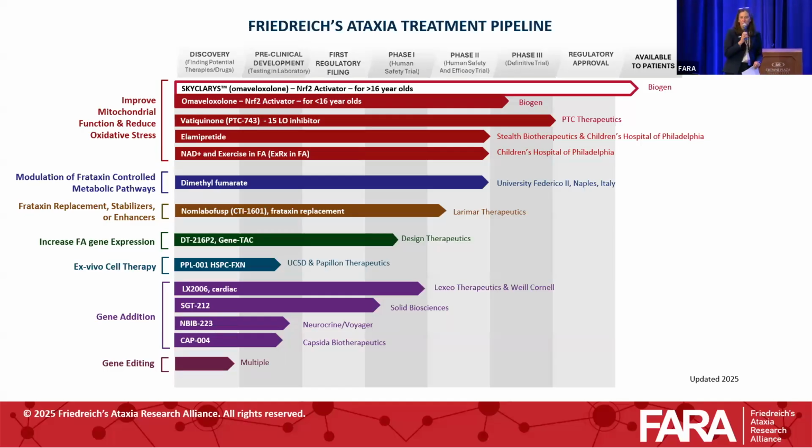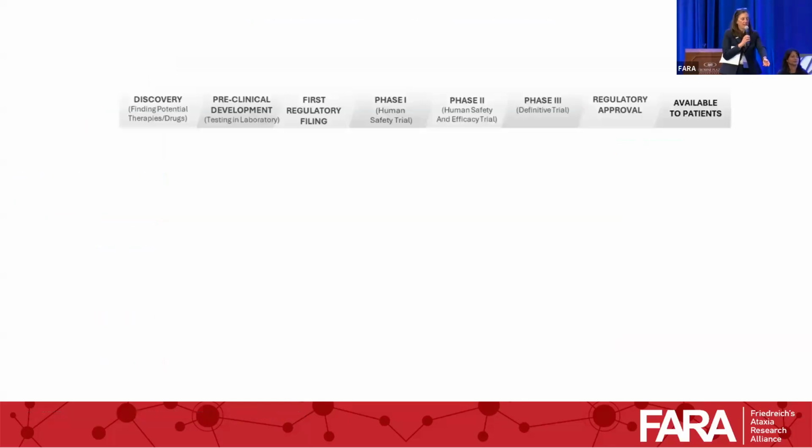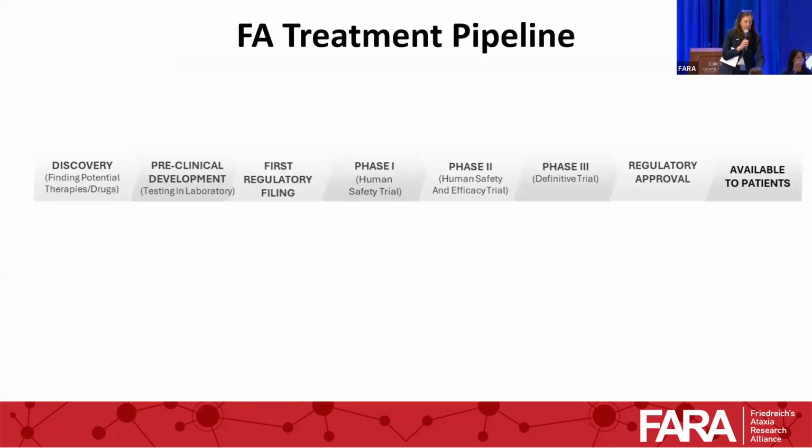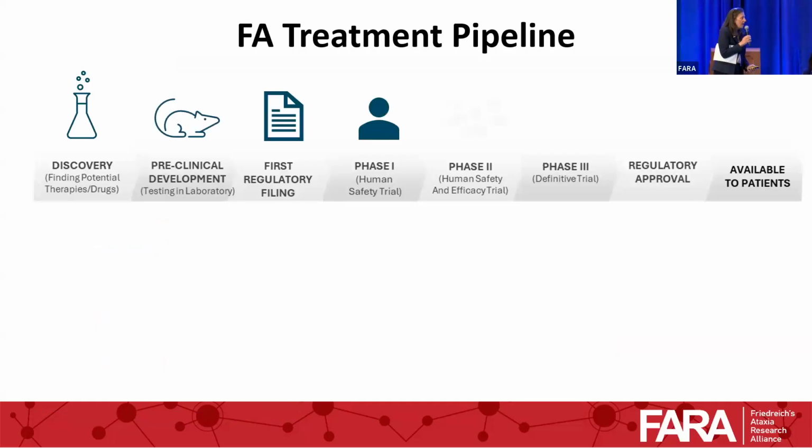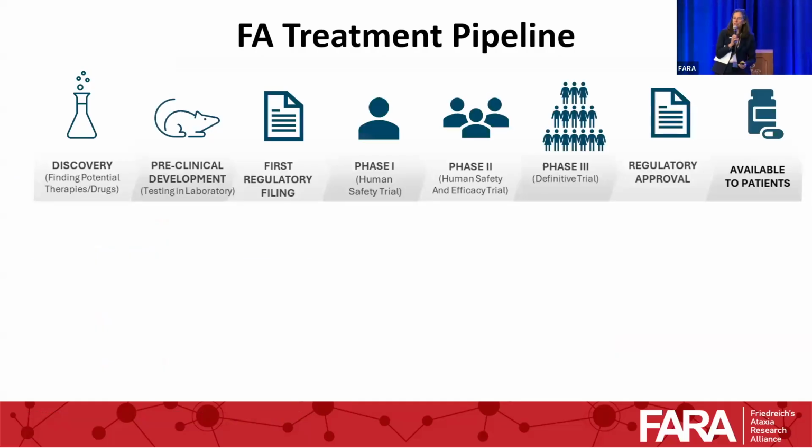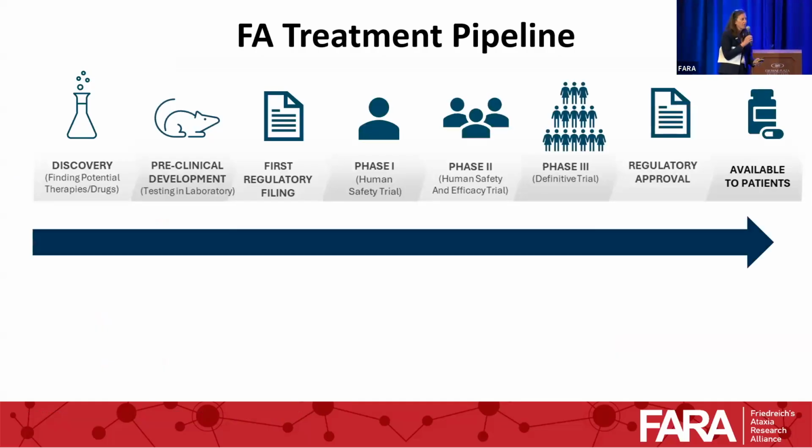So this is the treatment pipeline, and I showed this earlier today, and we're going to talk about several of the programs, 6 of the programs on the pipeline. If you go to the next slide, I'm going to zoom in on what's at the top of the pipeline. Thanks, Jamie. The top of the pipeline shows you the process of drug development, going from early discovery all the way through having approved treatment.